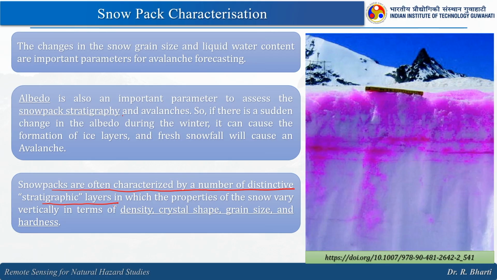In these stratigraphic layers, the properties are very different, right. It will vary vertically, and the properties will be density, crystal shape, grain size and hardness, right. These will be varying across this depth. That will help you to understand how they have been formed and how consistent or stable they are in this particular area.